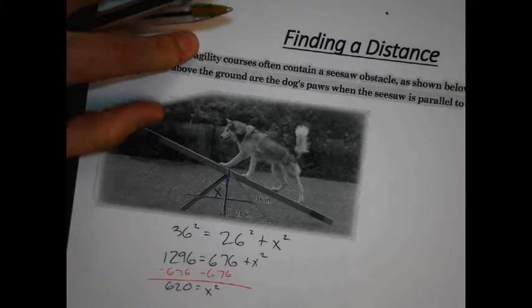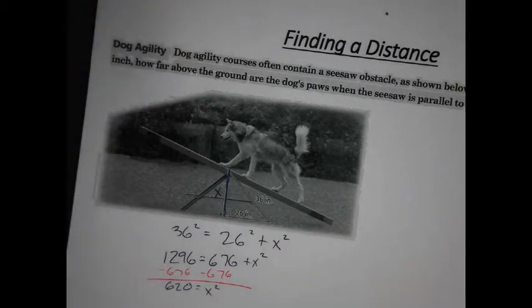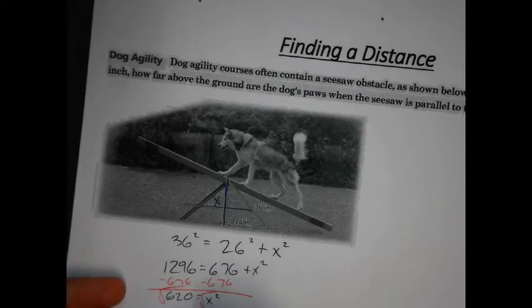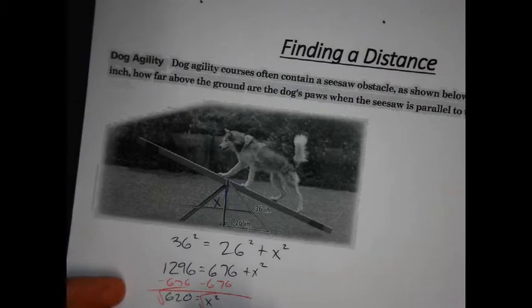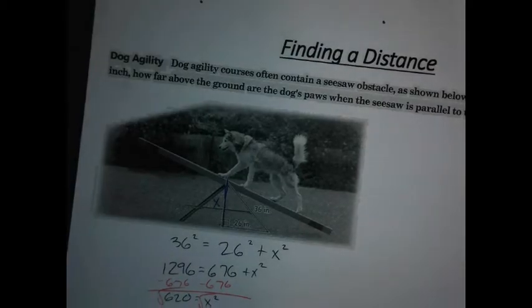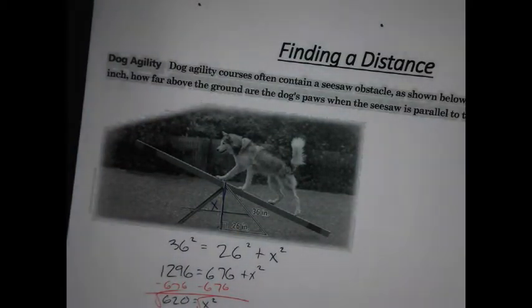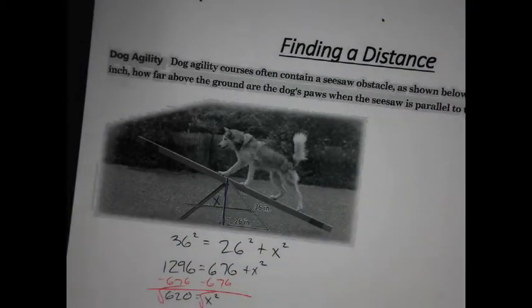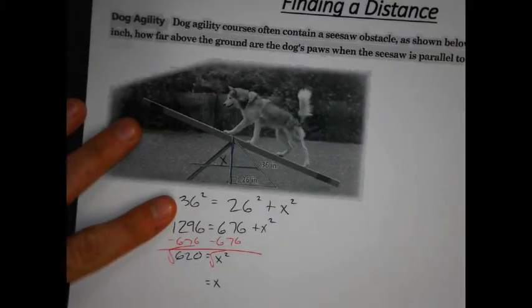So now we have x squared equals 620, and we take the square root of both sides. What is the square root of 620? It's an ugly decimal. The square root of 620 is something ridiculous, like 24.8999999. Do we have to leave this in simplified radical form?